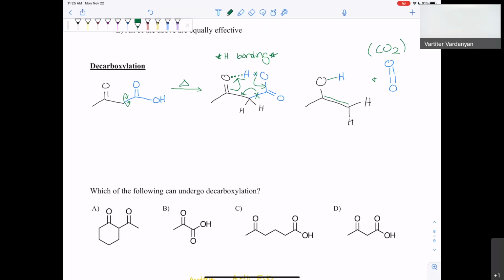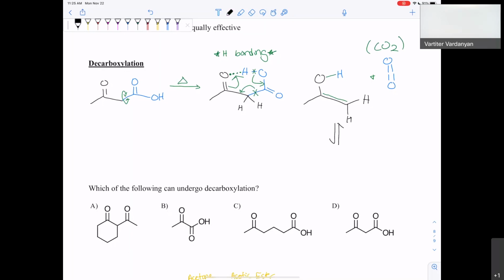I just want to remind you that this enol could turn into a ketone. So we're going to go, bam. And when we do this reaction, all we're doing is taking this hydrogen and moving it to the alpha carbon. So we get, ta-da.